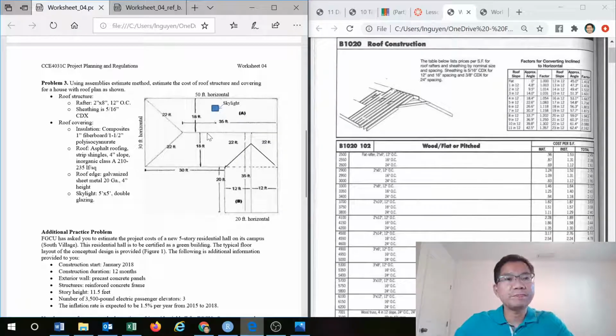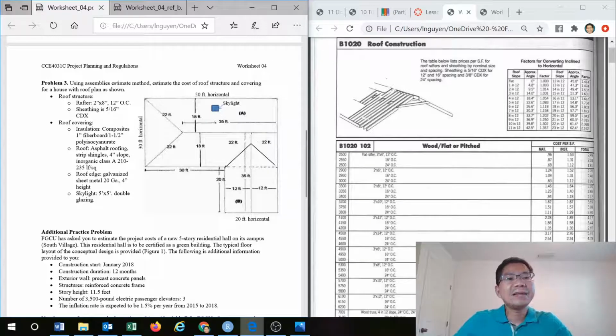So in this case, they use the roof plan, roof structure, rafter, that is structure 2 by 8, and OC means on center, and the interval between the rafters is 12 inches, so one foot.